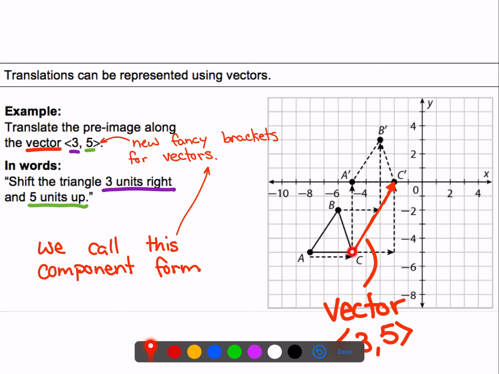So as long as you focus on just the vertices that you move, then you can draw everything else in between afterwards, and it'll work perfectly fine. Now, if we're looking at this, we can see that we have this red vector here, and that vector is actually the vector ⟨3, 5⟩, the one that we're traveling along. So we can see that each of these points moved along that vector to give us our new image. And that's all you have to do when you're translating. Take each point, take each vertex, and move it along your vector.